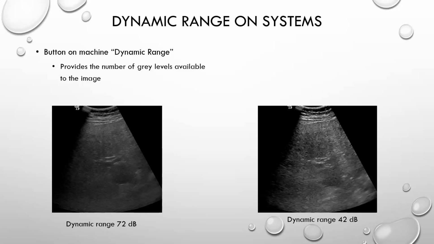We get a more contrasty image. So here is a couple of shots of a liver, and you can see that the one on the left has more gray to it, whereas the one on the right certainly has a sharper contrast, what we would call less dynamic range.